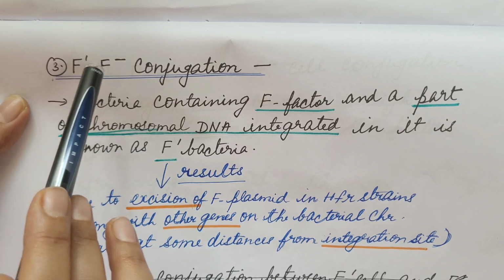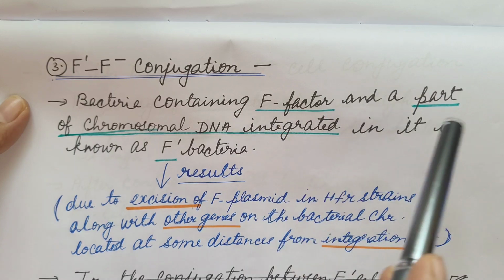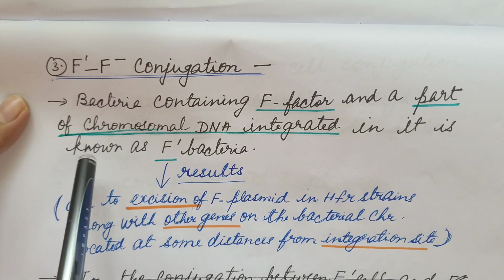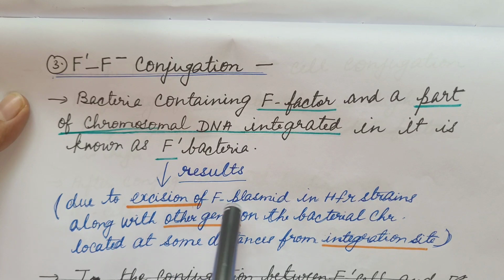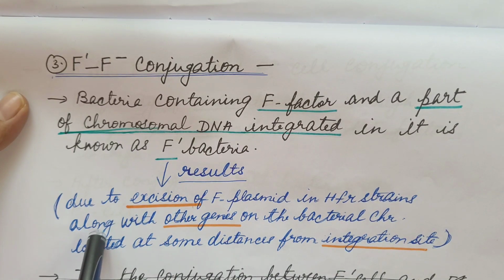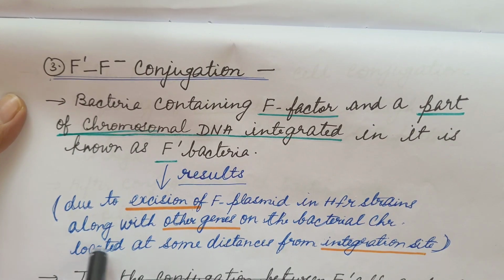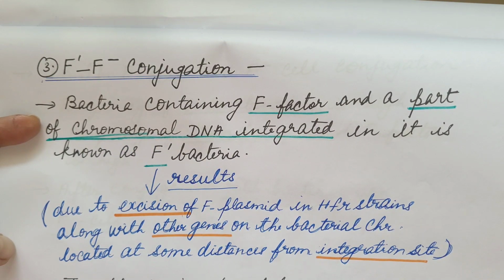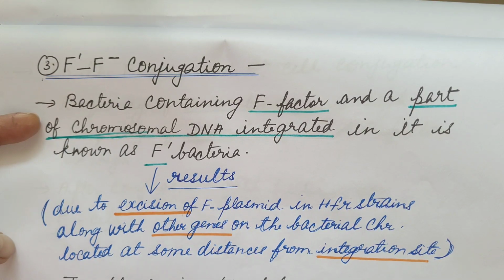Third is F prime, F minus conjugation. Bacteria containing the F factor and a part of chromosomal DNA integrated in it are known as F prime bacteria. This results from excision of the F plasmid in HFR strains along with other genes on the bacterial chromosome located at some distance from the integration site. So we know that in HFR strains, the F plasmid is integrated in the host chromosome at the integration site due to some induction.